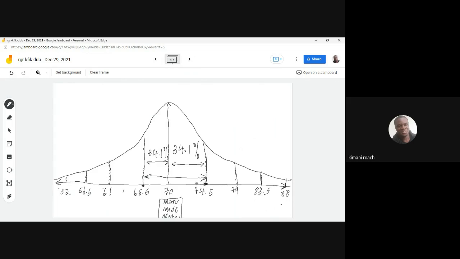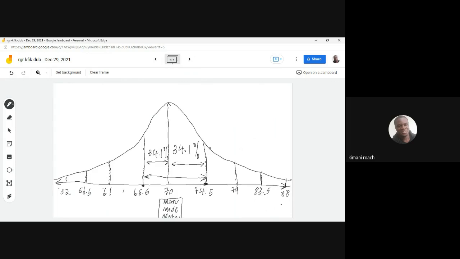That is where most of the data is going to be. And for all normal distributions, what you find is that a large sum of your data set tends to be very close to that mean value that you have, right?